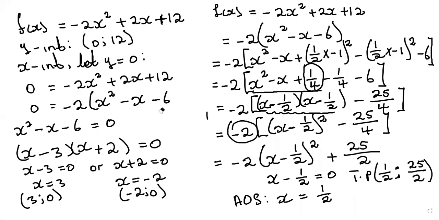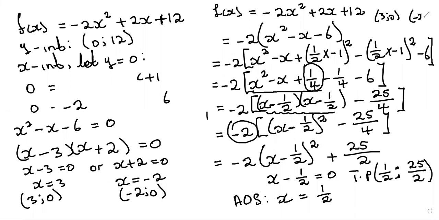I'll just erase this part, just so I don't forget. The coordinates of the x-intercepts are 3 and 0, and then -2 and 0. That's fine.